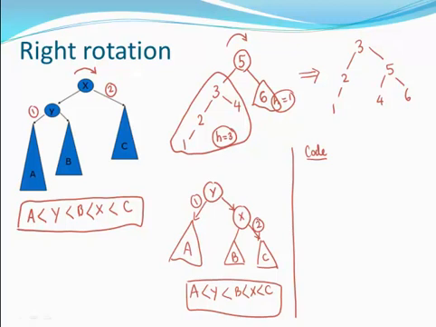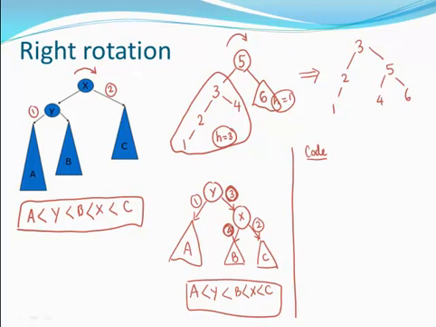But a few other pointers have changed. For instance, the right child of Y is now something new, so this needs to be recoded. And also the left child of X is now something new, which is B. So that needs to be coded.